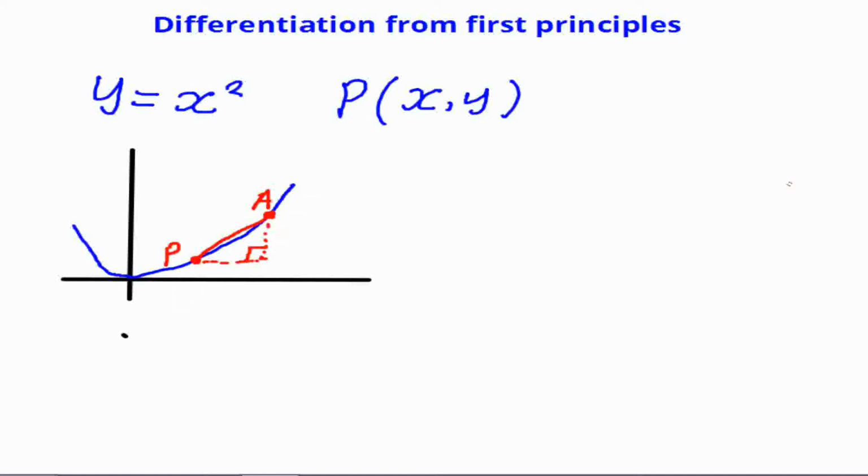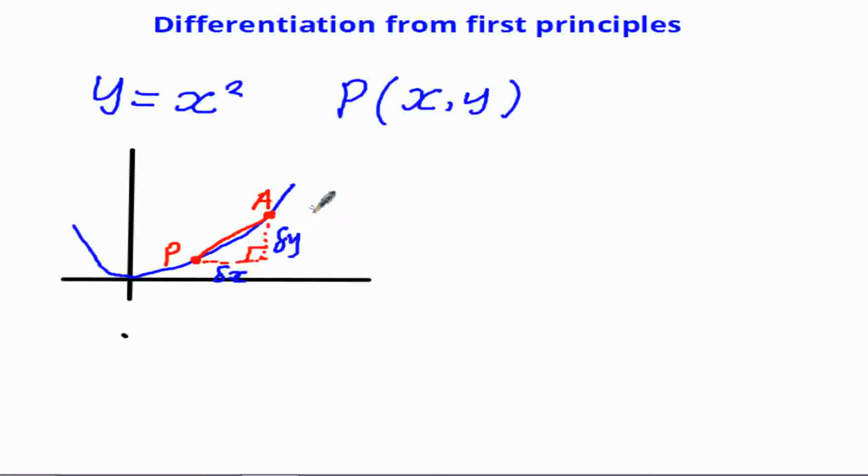Now, this horizontal line will be having a small change in x, since we said A is very close to P, and this vertical line will be having a small change in y.